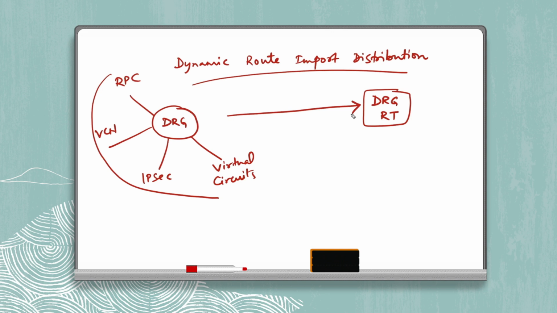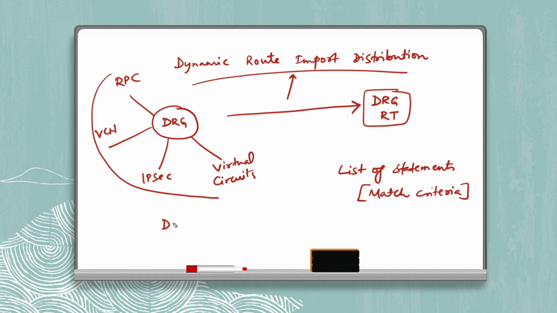How are they going to be inserted? That is what is controlled by this import distribution. This distribution is nothing but a list of statements. They contain a match criteria. If you create a statement with the match criteria all traffic, then all the route advertisements that are coming in through the attachments are going to be inserted into the respective dynamic routing gateway route table.